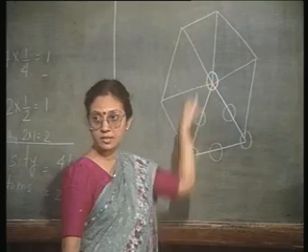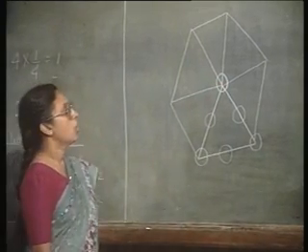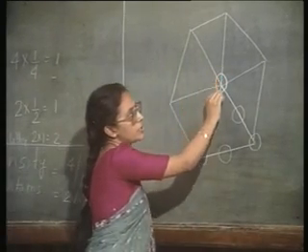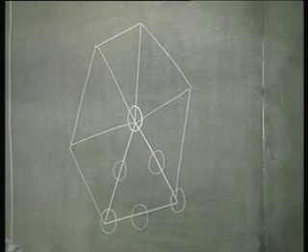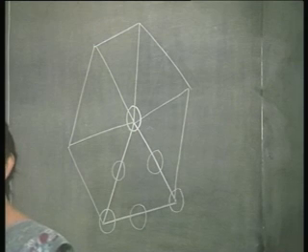So, I have 6 such triangles basically. Okay. So, each corner atom is shared by 6 111 planes.